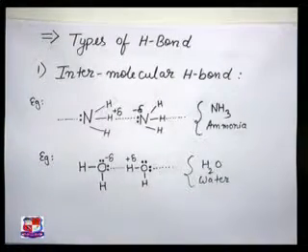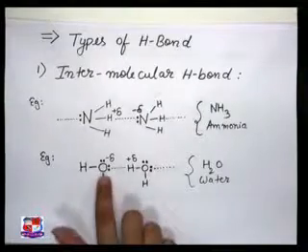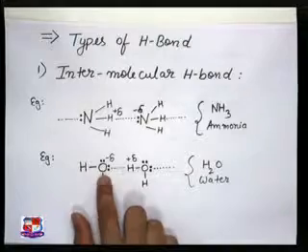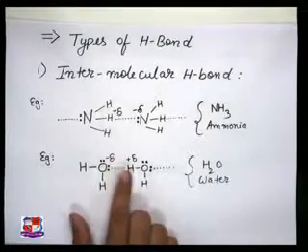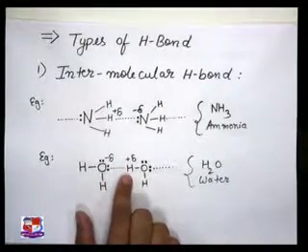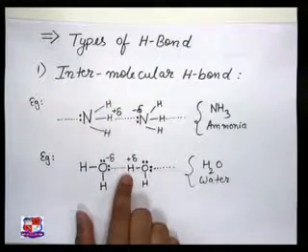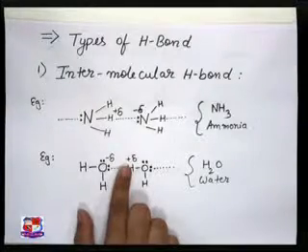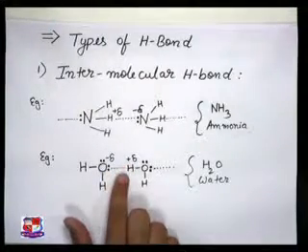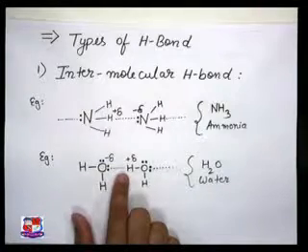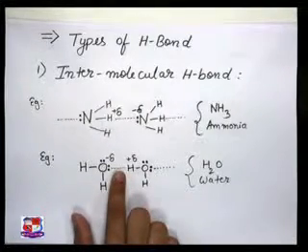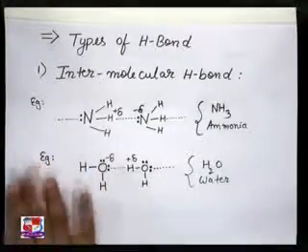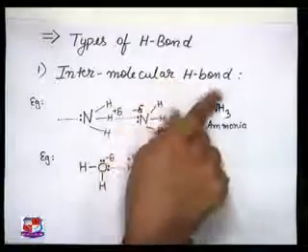This oxygen carries a negative charge, so it has minus delta, and the hydrogen of the other water molecule has a positive charge, so it carries plus delta. So there is a bonding, and always remember that a hydrogen bond is denoted by dotted lines. That is a very important factor. These are the 2 examples for the case of the intermolecular H bond.